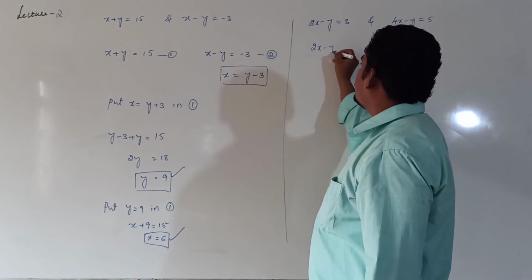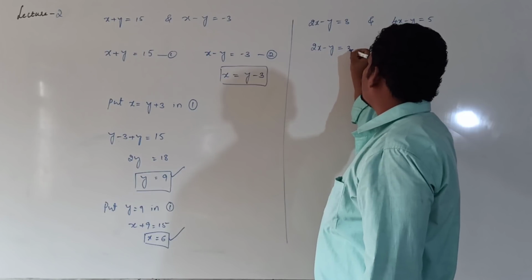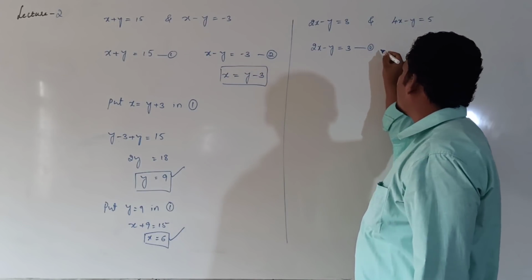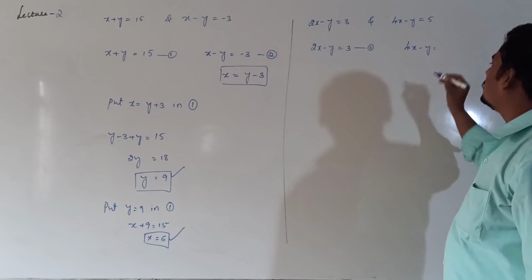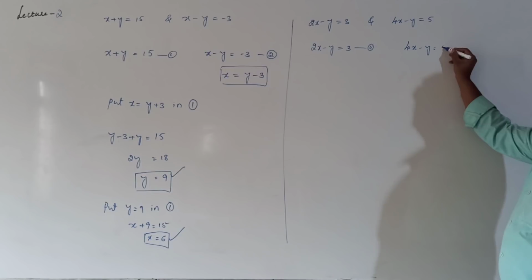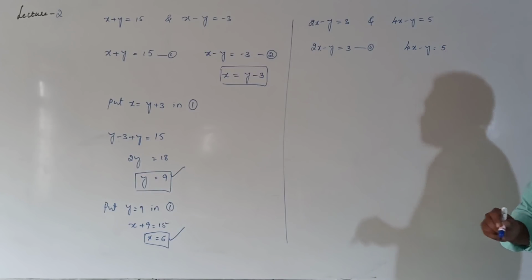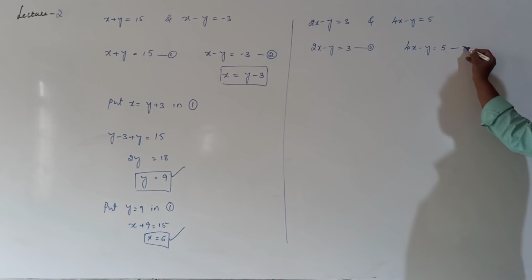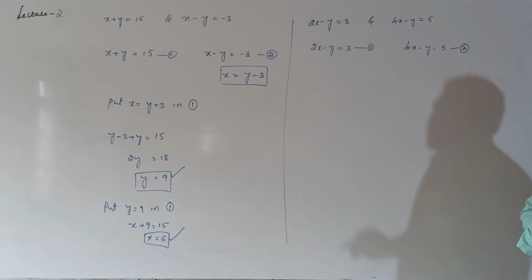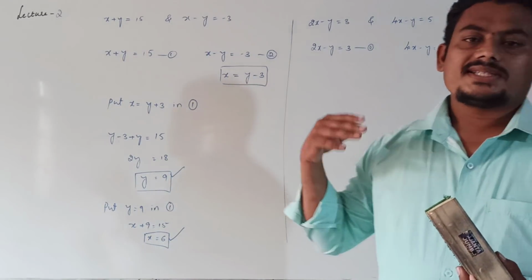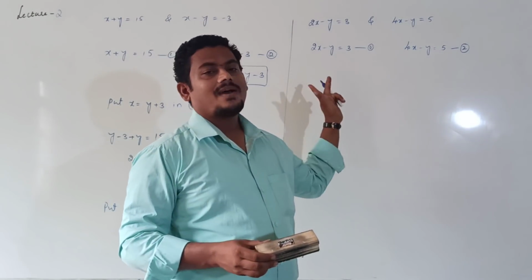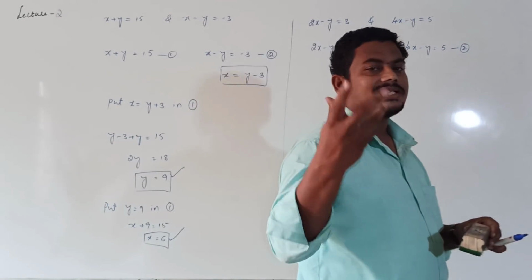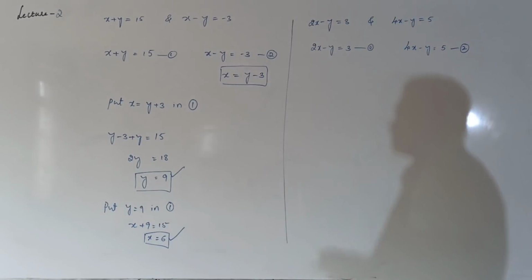Take 2x minus y equal to 3 as equation number 1 and 4x minus y equal to 5 as equation number 2. By the method of substitution, means replace any one of the values, either the x value or the y value.